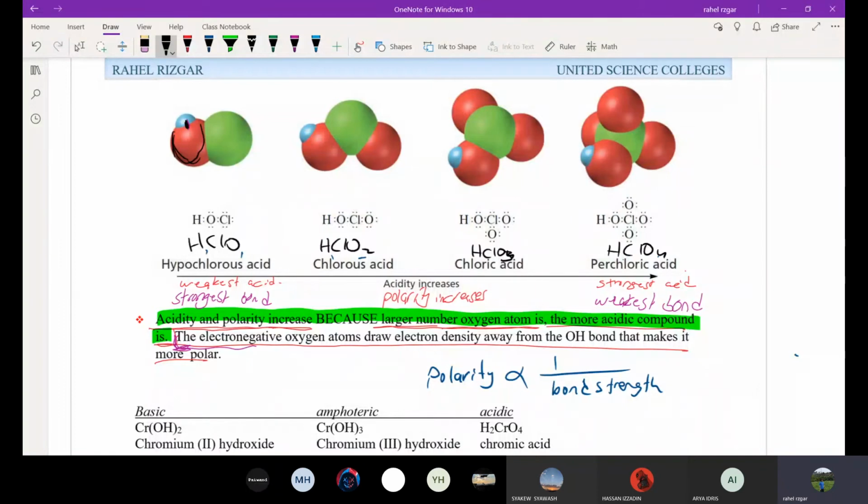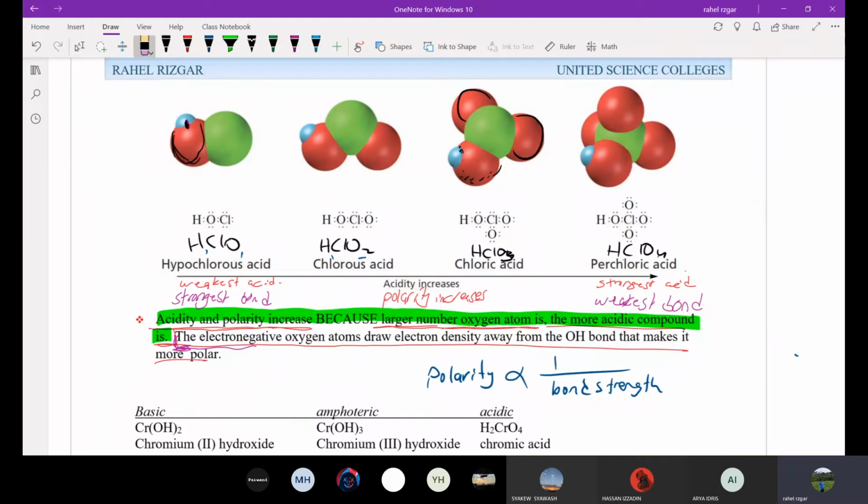be separated easily. But as these oxygens are increasing, for example here, these are also oxygens, these electrons here are somehow attracted, just attraction, nothing more.